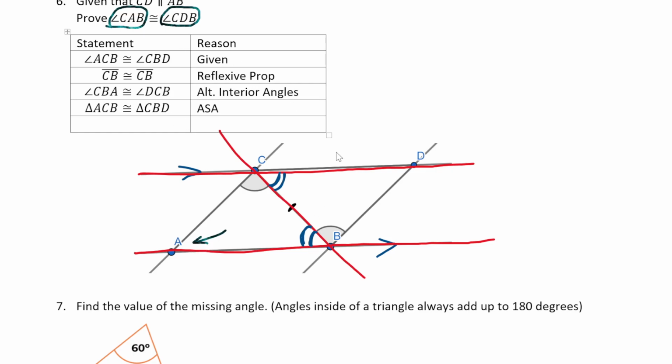And CDB would be this angle right here. If you notice these angles right here, they are corresponding angles. Because I have shown that the two triangles are congruent, that means these corresponding angles are also congruent. And again, that is called CPCTC. Corresponding parts of congruent triangles are congruent.